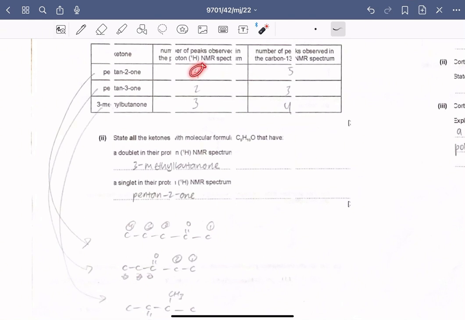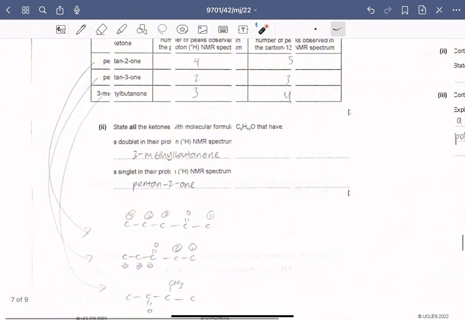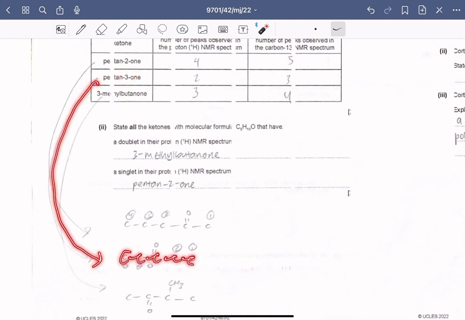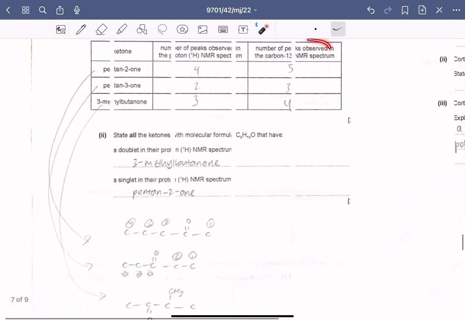For H, there is 4: 1, 2, 3, 4, because there's no H atom here. So 4. Pentan-3-one. So 1, 2, 3, 4, 5 with the C=O. So number of peaks observed in the carbon 13 NMR spectrum: there are 1, 2, 3 different kinds of carbon atoms with 3 different environments, and therefore there's a 3 here.